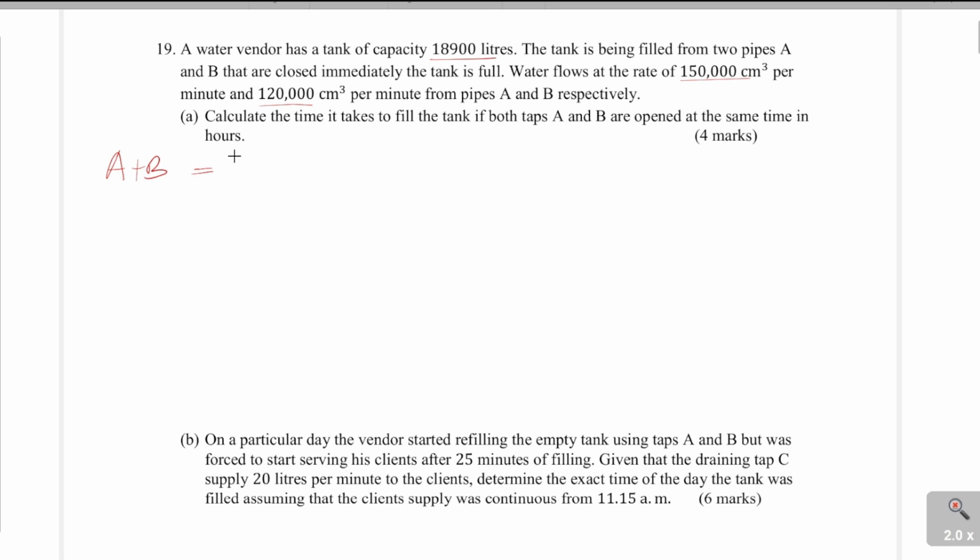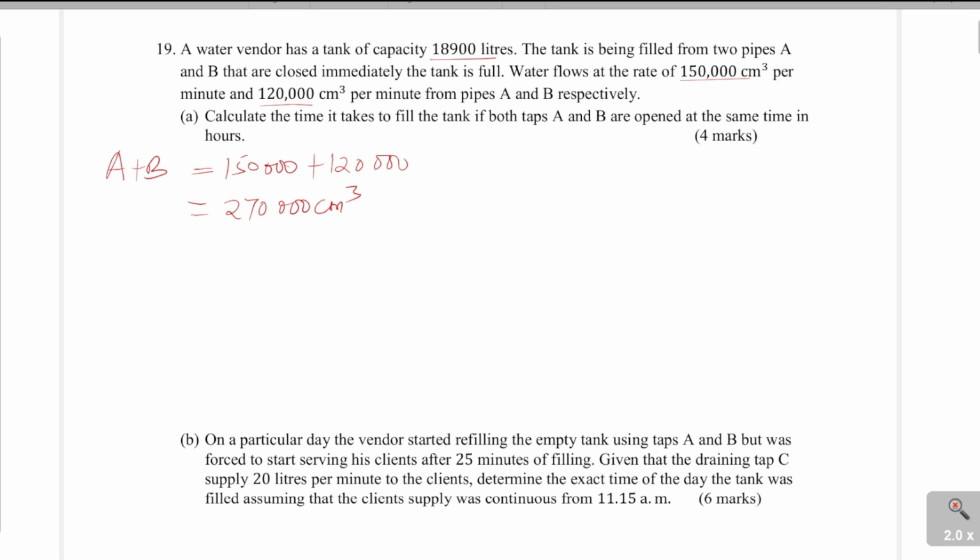So that is from A, 150,000, then from B, 120,000. So this will give the rate of flow when the two pipes are running. And when they are running, the rate of flow will be 270,000 centimeters cubed from A and B.